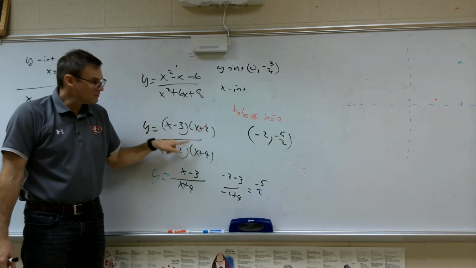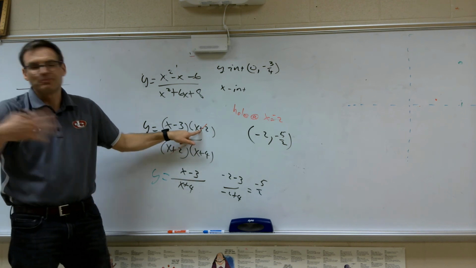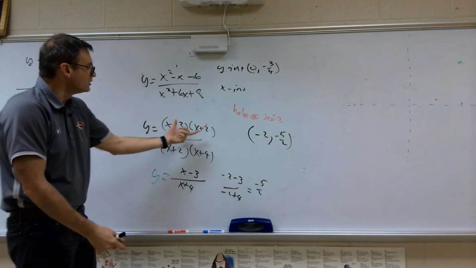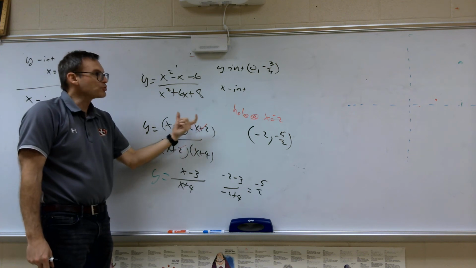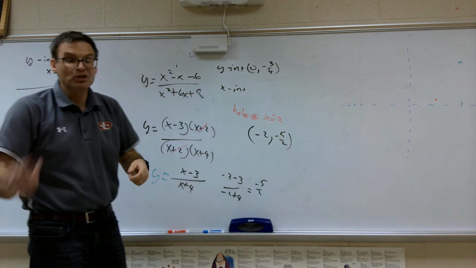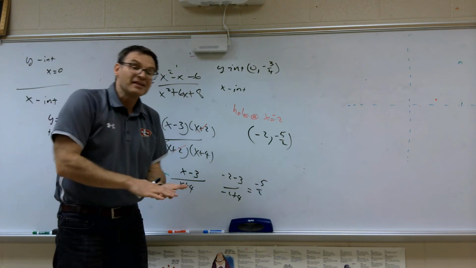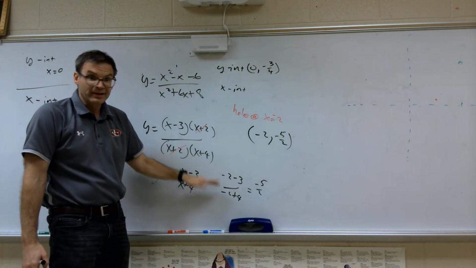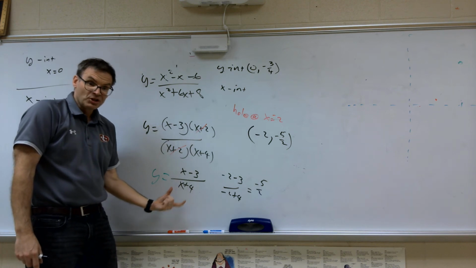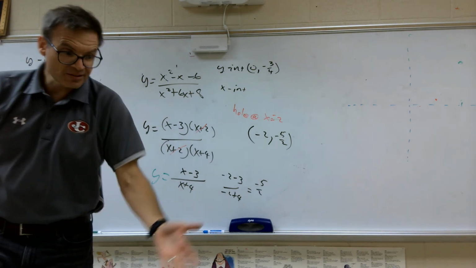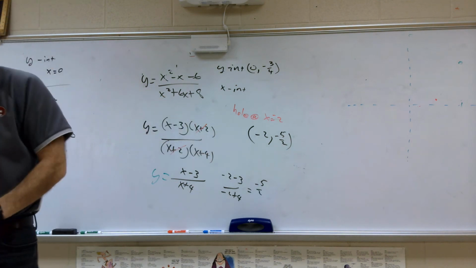Well, in this case, a -2 would make the top 0, but that's part of the hole, so we don't need that at all. So whenever you're trying to find x-intercepts, the first thing you have to do is clean it up, establish if there's a hole or not, and then find your x-intercept from the cleaned up version. So, in this case, for this problem, what is my x-intercept?